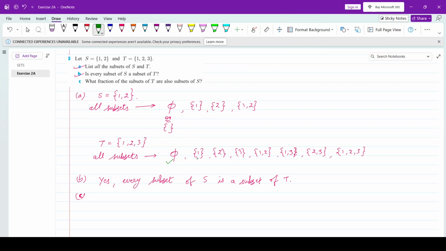So take {1}: 1 is present, so this is a subset. {2}: 2 is present, so this is a subset. {3}: 3 is not present, so {3} is not a subset. {1, 2} is a subset. {1, 3} is not a subset. {2, 3} is not a subset.